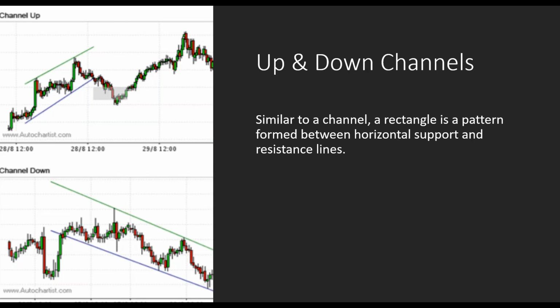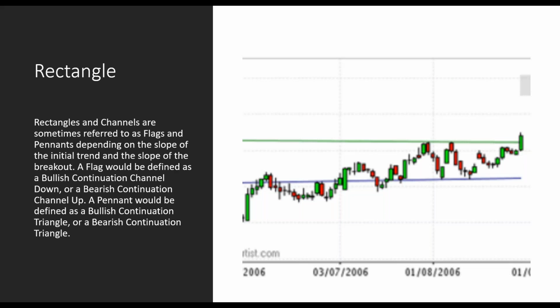And a channel and a rectangle are basically the same. They're just slightly different angles, and they're formed between horizontal support and resistance lines. So rectangles and channels are sometimes referred to as flags and pennants, depending on the slope of the initial trend and the slope of the breakout.